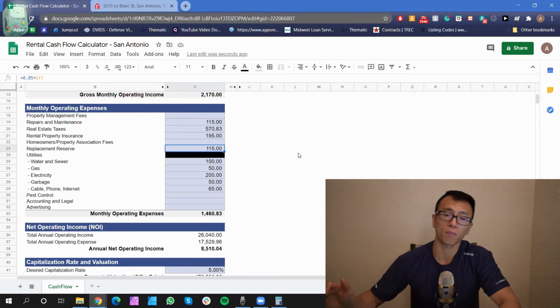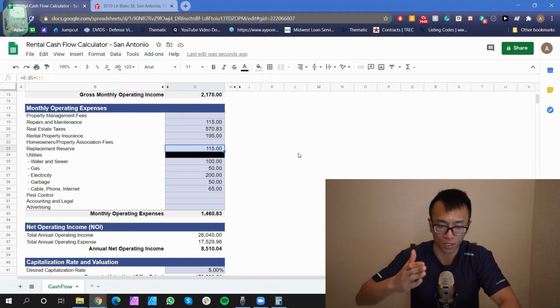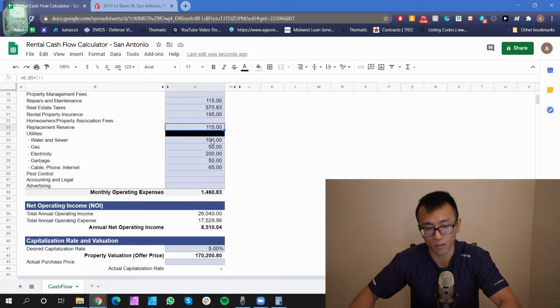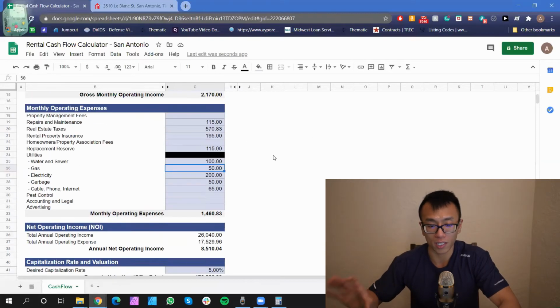So you are basically projecting and also expecting that amount, and you're doing your due diligence in order to expect that cost. You're plugging it into the calculator, so you're saving that amount of money, and you are not broke by the time you have to replace the roof. And that's exactly what this is here for. It is 5% of the monthly rental income. And now for utilities, this will obviously depend on your usage and also your roommates' or your tenants' usage.